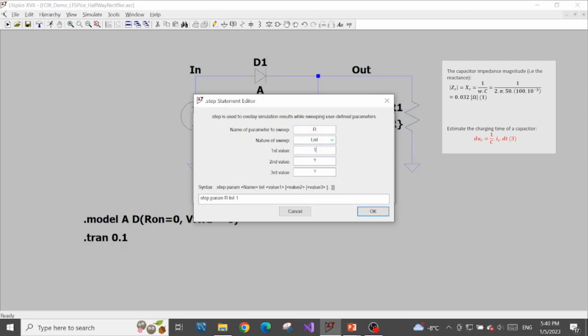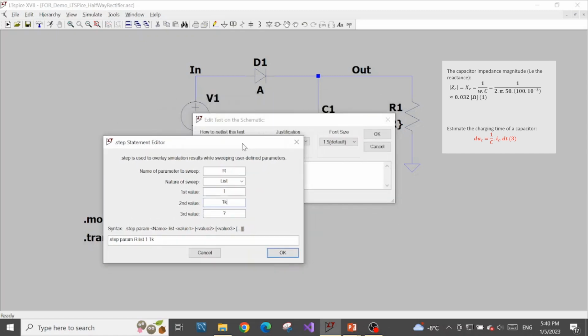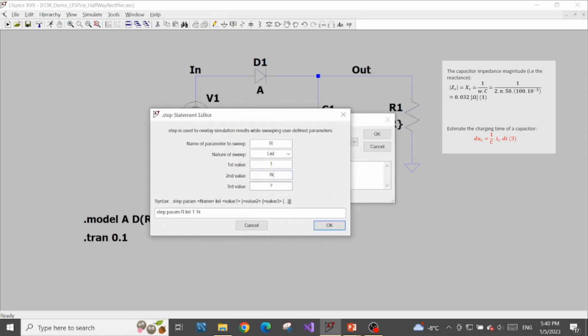The first value is 1 ohm. Let's say we have another, 1 kilo ohm, which is our second case, much bigger than the 0.03 ohm reactance of the capacitor. In that case, the current going through our capacitor will be very big. As a result, the ripple won't be visible in this case.